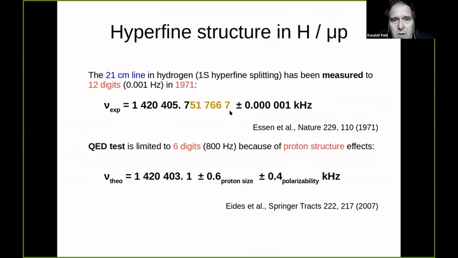And still today, you can only use about 6 digits or so of this as a comparison with QED, as a test of QED, because of these unknown proton structure effects. This is the proton size, now the Zemach radius that Christoph already talked about, and of course the polarizability for the hyperfine splitting, which involves the spin dependent part.